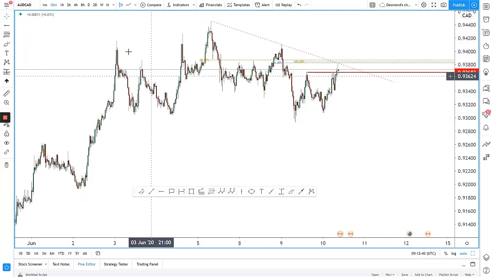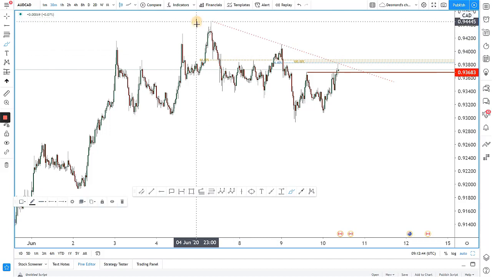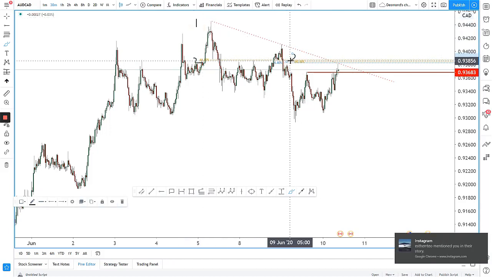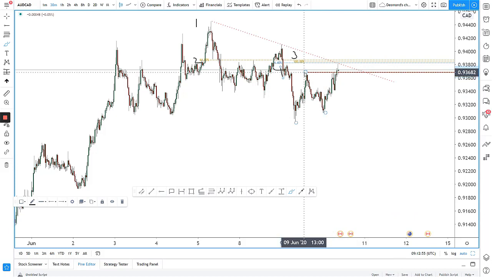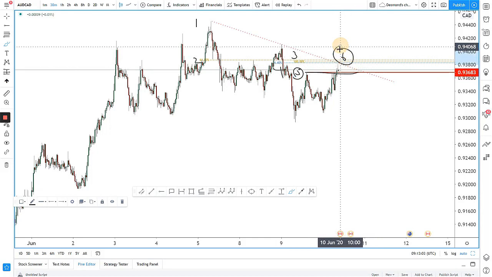So what we have now is the descending resistance line. We have a 61.8 retracement, 100% extension and a 76.4% retracement, along with a horizontal swing high resistance and price action. So we got six elements lining up really nicely.